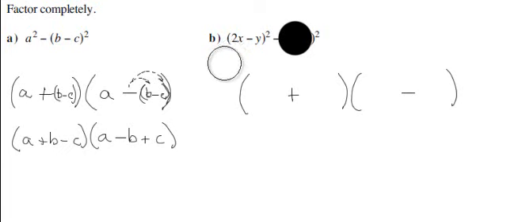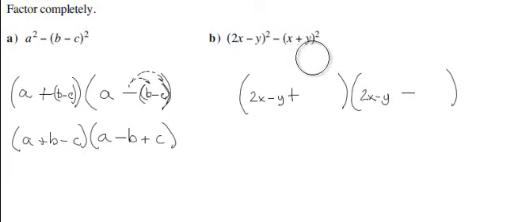The first value is 2x minus y. That goes here and here. The second chunk is x plus y all squared, so in both of these places we're going to put x plus y.